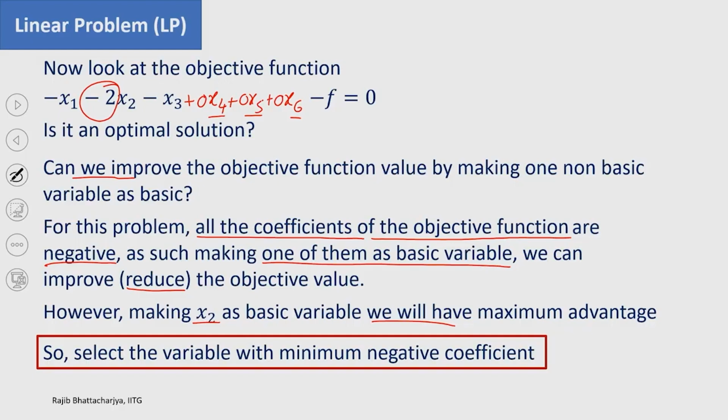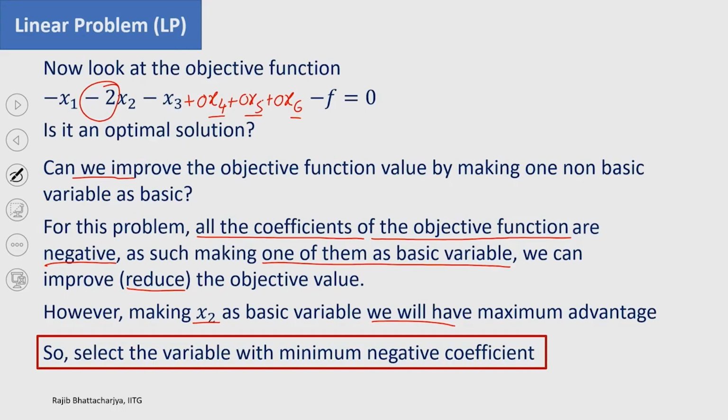That means we will get an improved solution. But the question is what maximum advantage we will get. We will get the maximum advantage if we consider x2 a basic variable, because the coefficient of x2 is minimum out of these three variables.